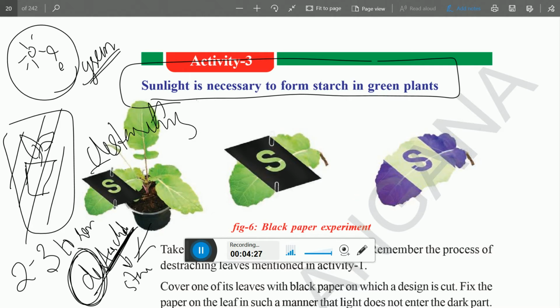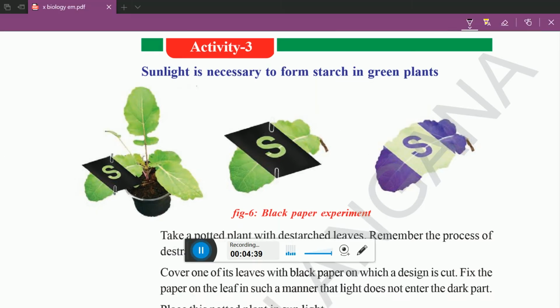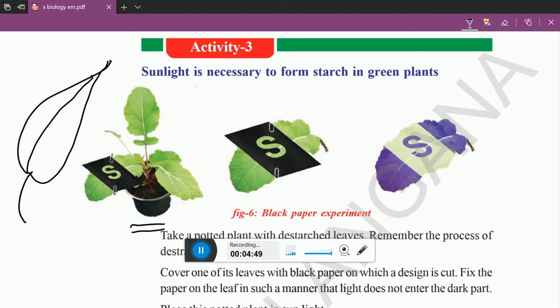So the inside area will be open and the outside area will be black. That means we remove the internal area only and throw it away. We need to cut very carefully with the help of a blade or scissors. Then we will get one black chart that must be fixed exactly here, like this.